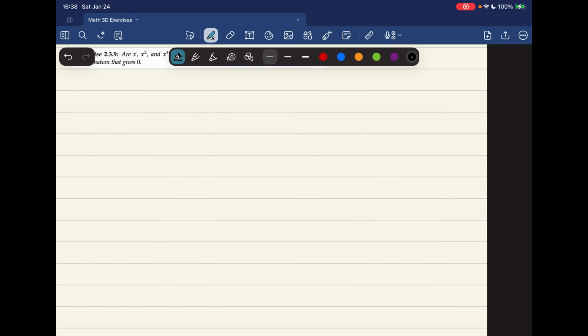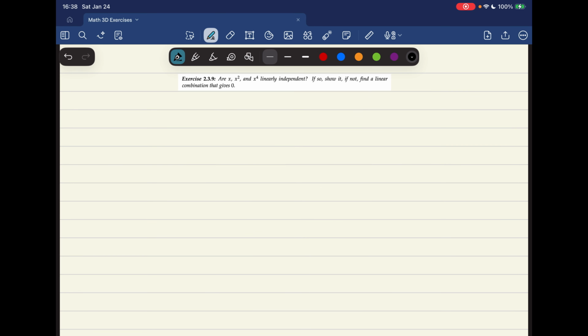For the next problem, it's the exact same setup. So again, our setup, we're going to set c1x plus c2x squared plus c3x to the 4 equal to 0. And this has to hold for all x.